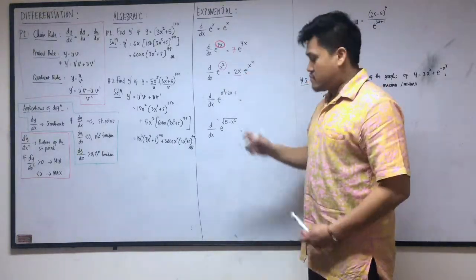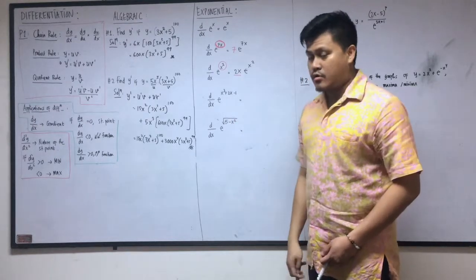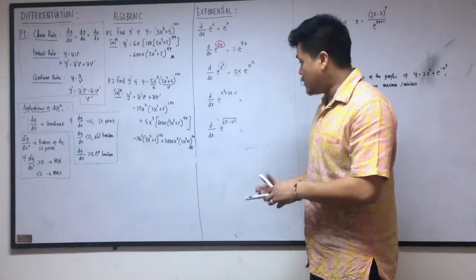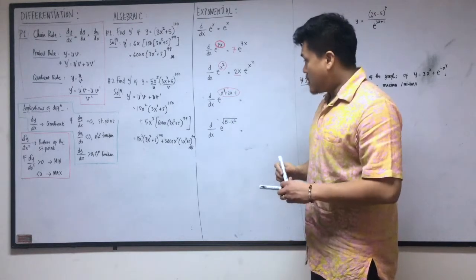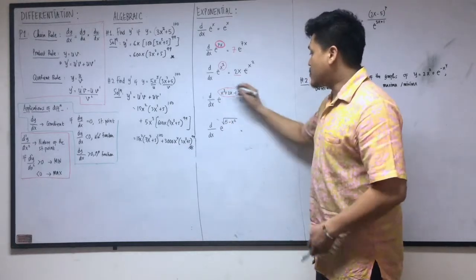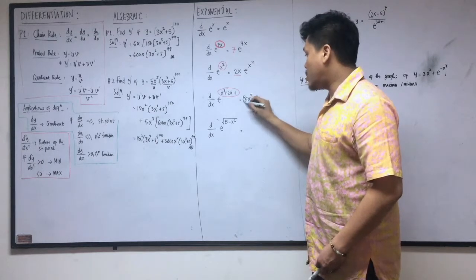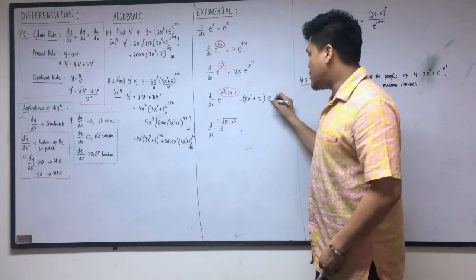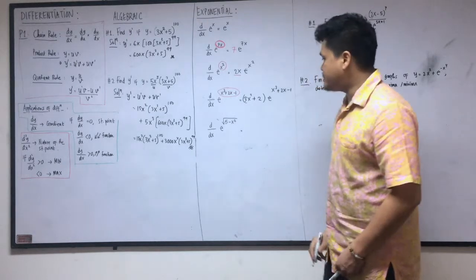See here? Another example, e to the power of x cubed plus 2x minus 1. How are you going to do that? Well, again, the first thing you should do is differentiate the power, and then you drop it down. So you'll get 3x squared plus 2 here, times e to the power of x cubed plus 2x minus 1.